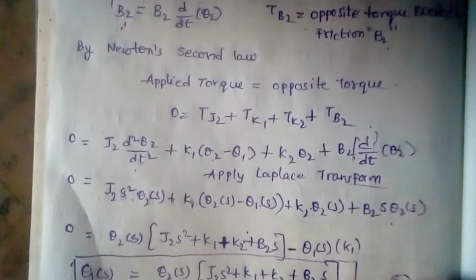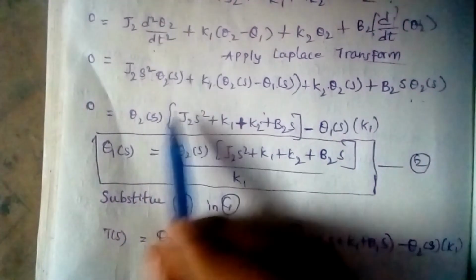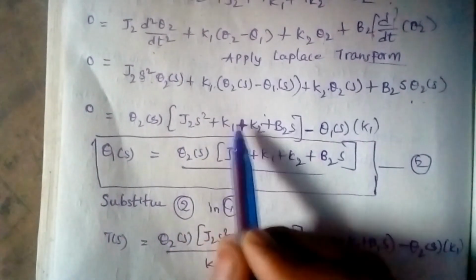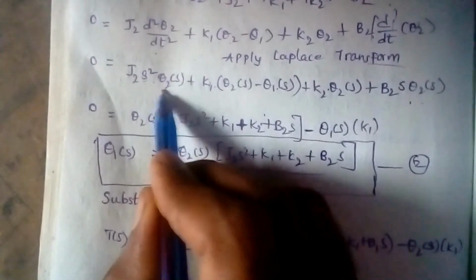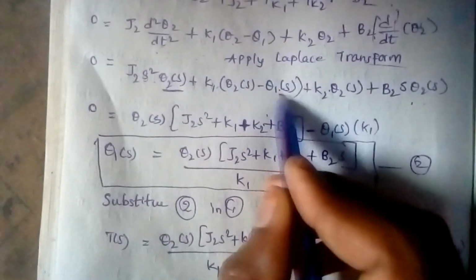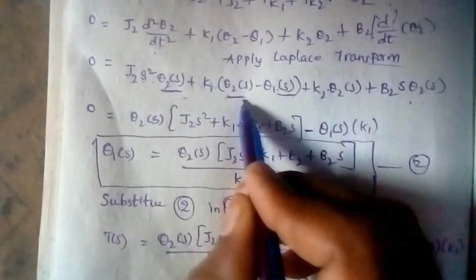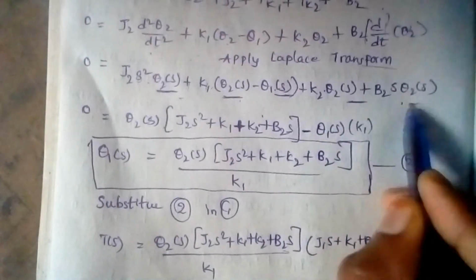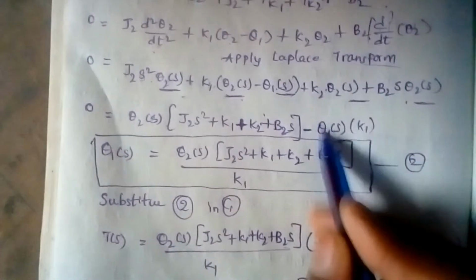Therefore 0 is equal to theta 2 of s times (J2 s square plus B2 s plus K1 plus K2), where theta 2 of s is common everywhere, then minus K1 theta 1 of s.